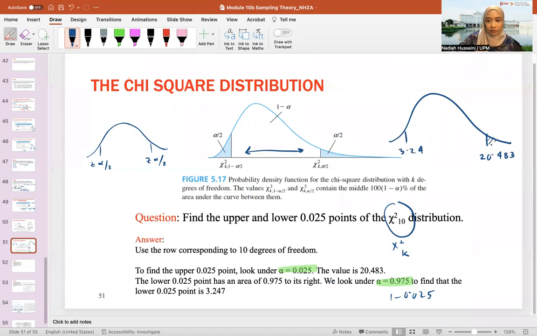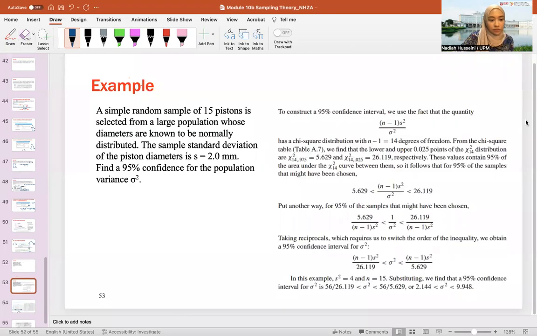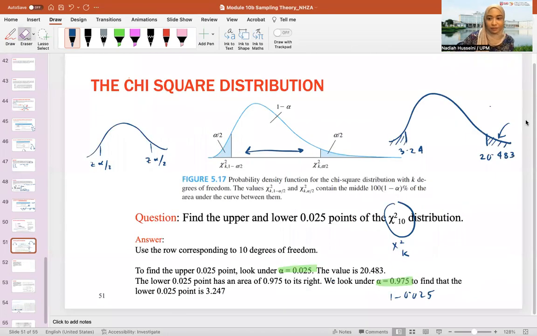The upper end, this would have a value of 0.025 and this would have a value, no, sorry, 0.975. So 0.025. It's very, even I get confused with it. So this is the 0.025.